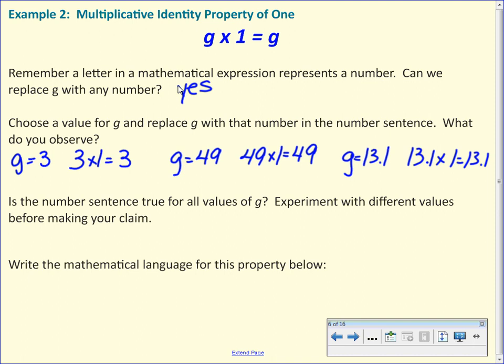So no matter what number, we tried a couple examples. So with each of our examples, no matter what we change G to, is the statement still true? Yes, this statement is still true. All of those number sentences are correct.